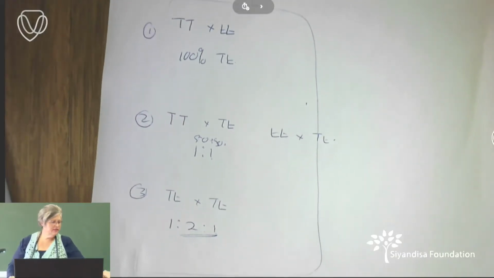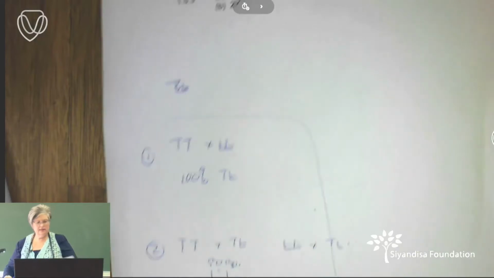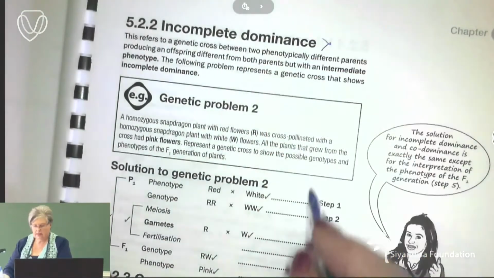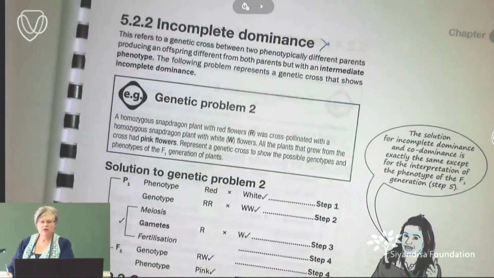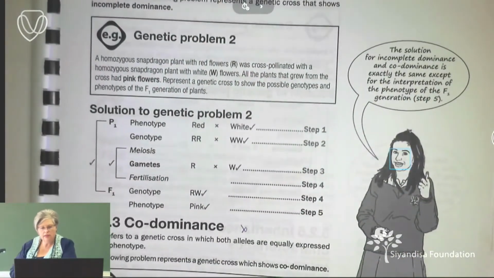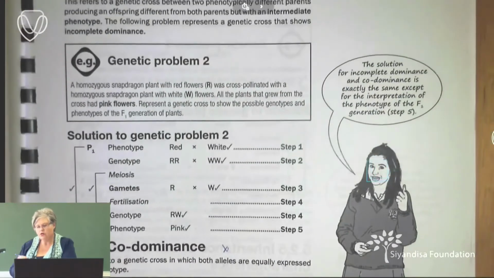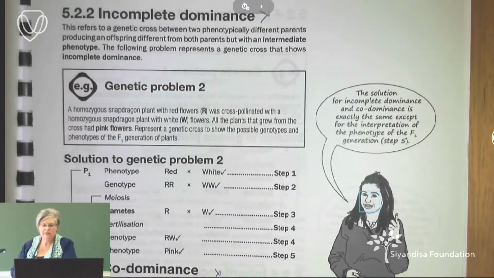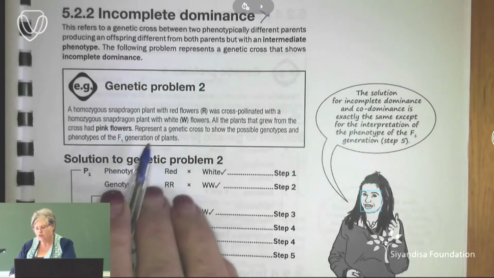Okay, then the next type of question that they say we must know is incomplete dominance and codominance. Now, with incomplete dominance and codominance, the crosses look exactly the same. But you must read the clue that is given to you.